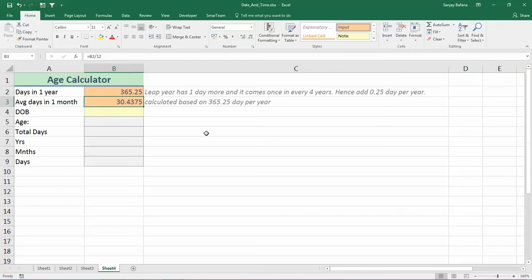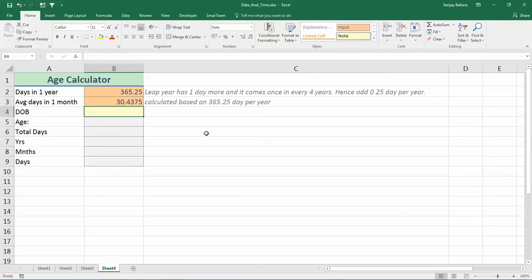So if you really want to be very accurate, then you will have to build very complicated or complex formulas to take care of all these number of days per year and leap year to calculate or do your arithmetic around the dates. But generally, certain approximation around the days are acceptable, and that's what we are going to do in this particular age calculator.